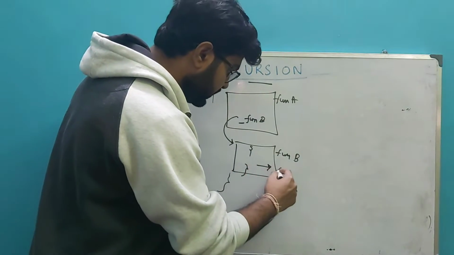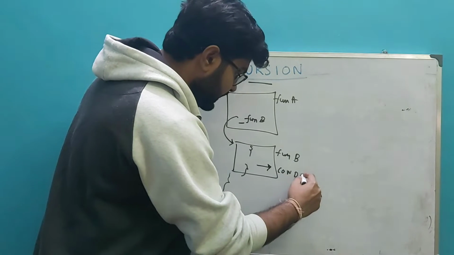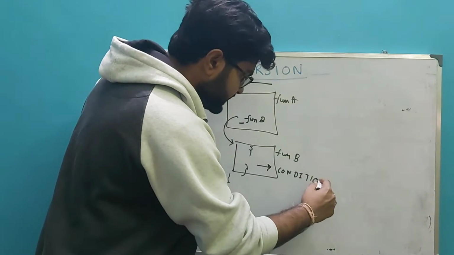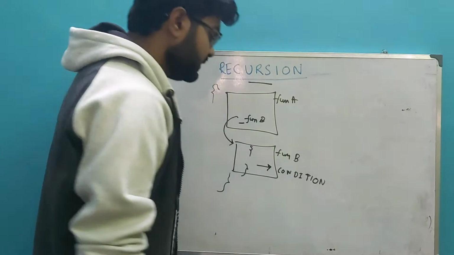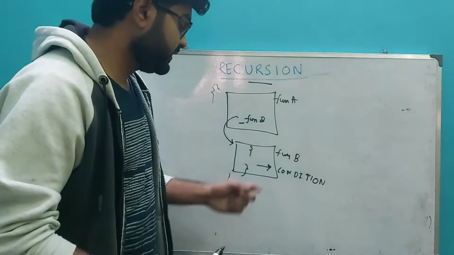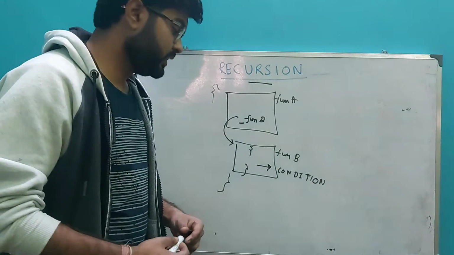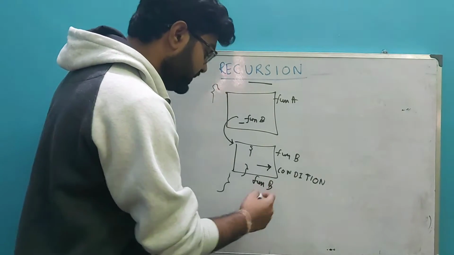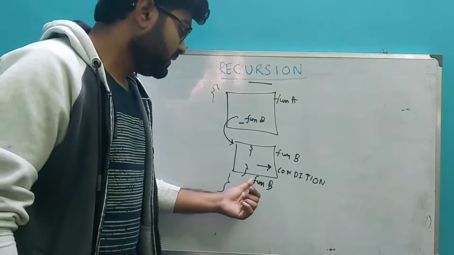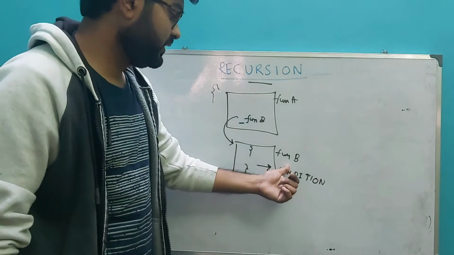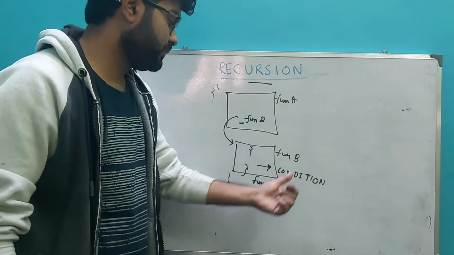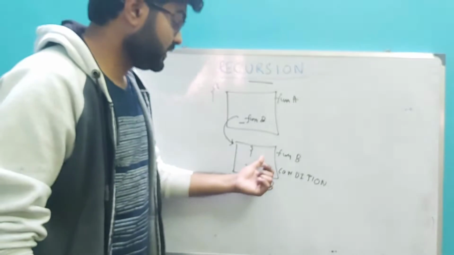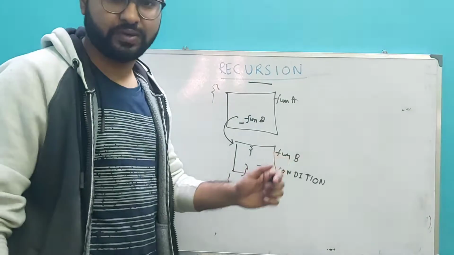So there would be a condition, and until that condition is satisfied, the recursion would occur. Recursion means a function calls itself. I would make a method call inside function b, and the method call would be of that particular method only. A function would be calling itself.